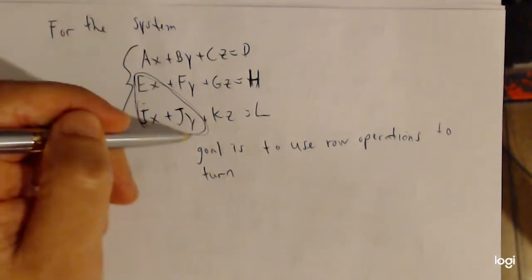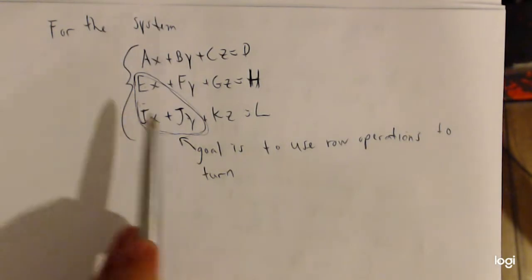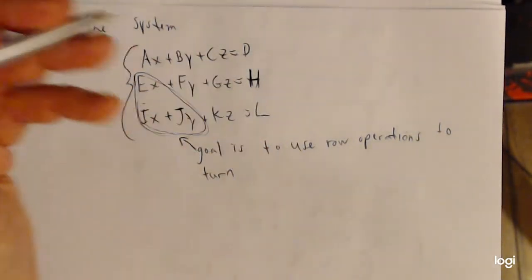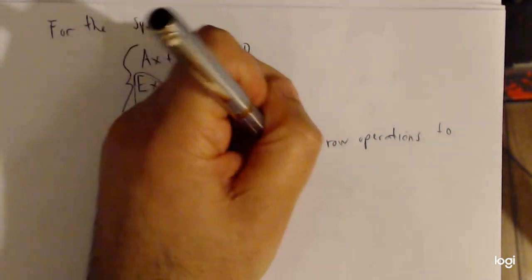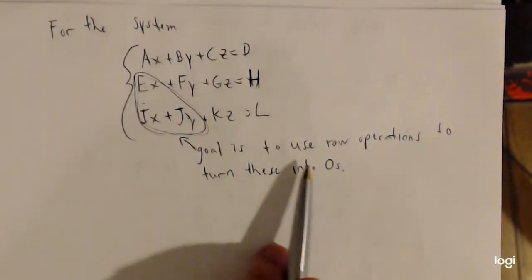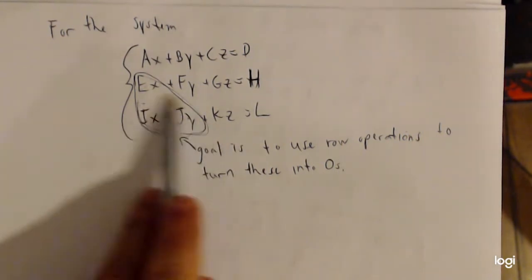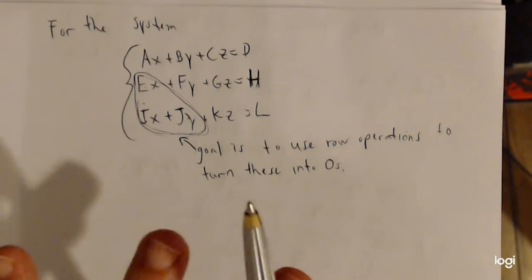Our goal is to grab these three entries and use row operations to turn these three entries into zeros. In a minute I'll explain why that helps us, why turning these into zeros will allow us to get to the solution.